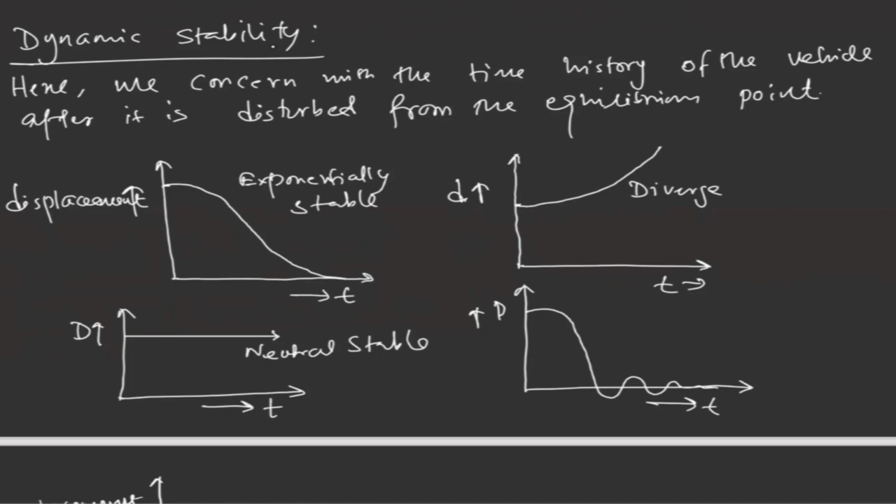This kind of response we call damped oscillation. Because of the damping, the oscillation in the system dies out and it converges to the equilibrium point.